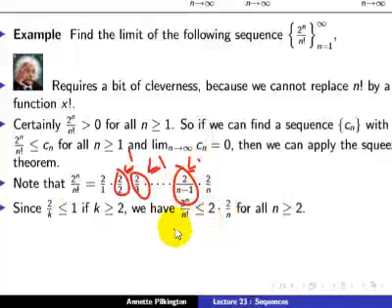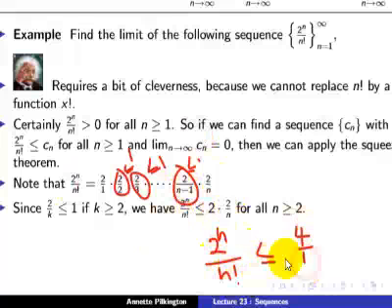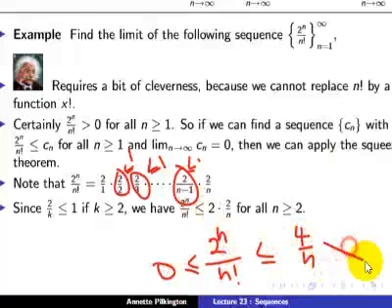And this is positive all the time. 2 to the n over n factorial is less than or equal to 4 over n, and we know that this one is non-negative, so it is greater than or equal to 0. Then take the limit. As n tends to infinity, this term becomes 0.